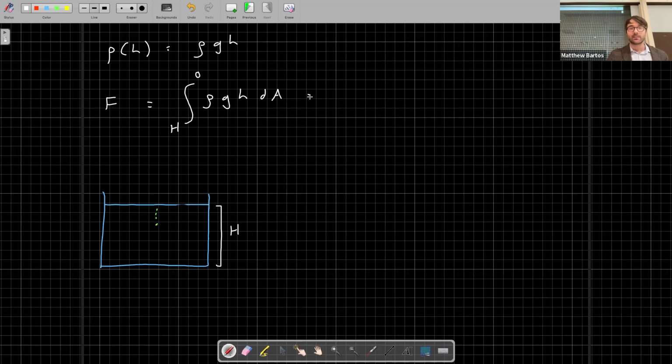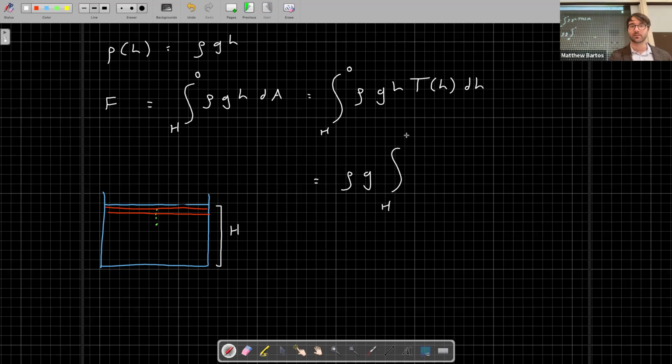Note that this dA, we're just basically taking these strips of the channel and adding them up. So this dA is going to be the width, which I'm going to call T, a function of H, times dH. When you perform this integral, I can take out the rho g, and it becomes the integral of H T(H) dH.